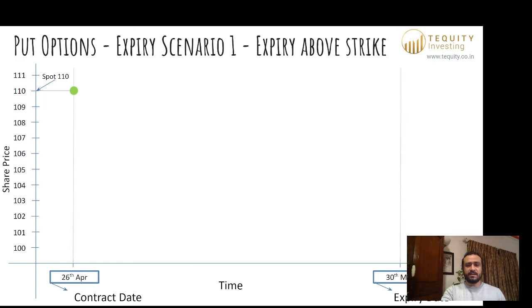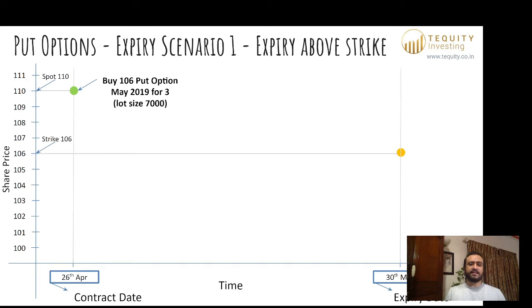Here you execute a put option with 106 strike for 3 rupees premium and lot size is 7,000. So essentially you are paying 21,000 rupees for it because 7,000 into 3 is 21,000 rupees. You are buying one lot of this put option. You are the buyer. Somebody is selling this option to you, right?